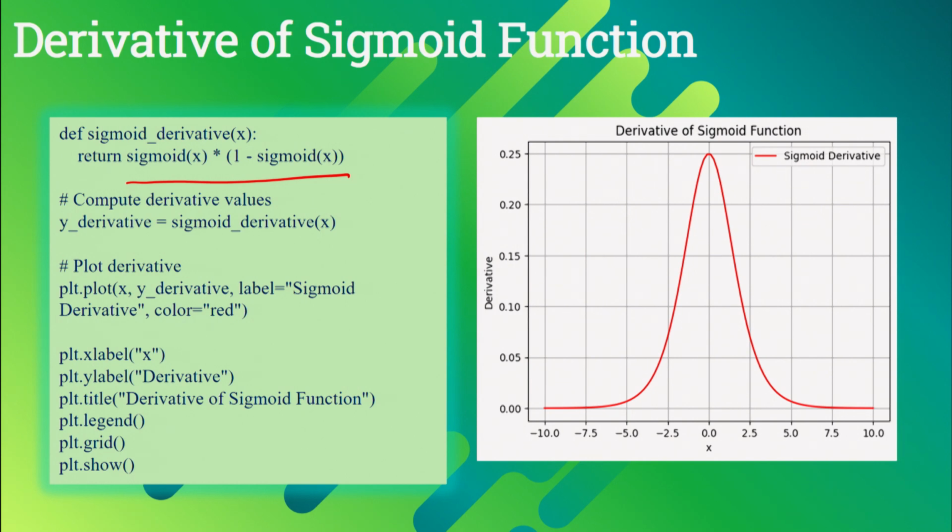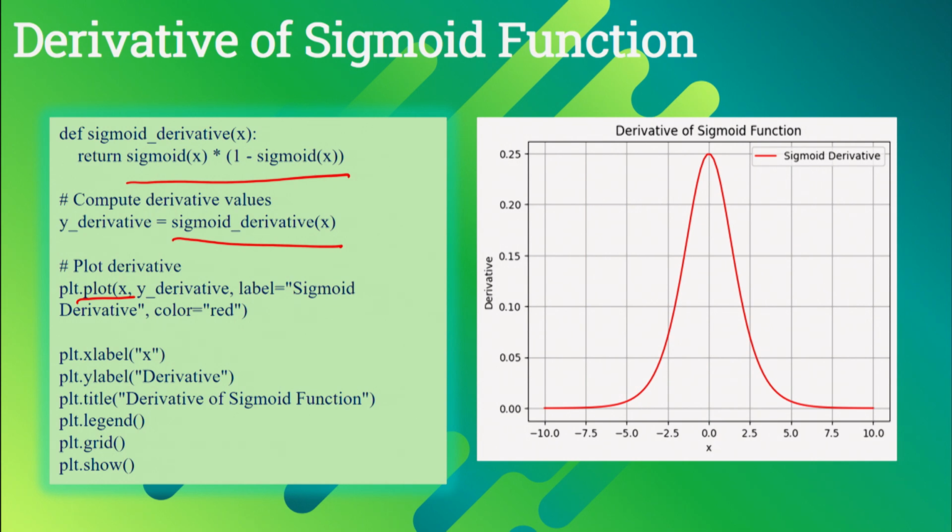To compute the values again, we need to consider the x and y values, and we are plotting them by using the plot function, and we call the derivative function through the x parameter, and the value is calculated to the y.